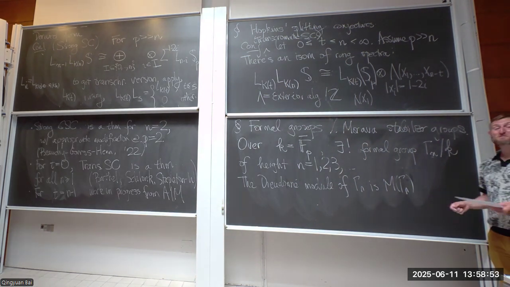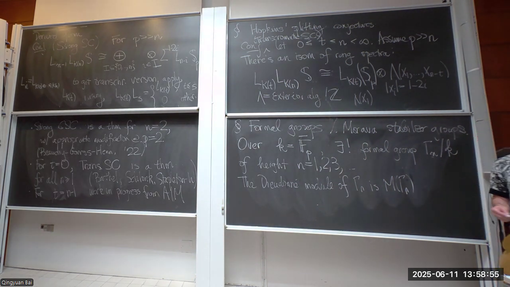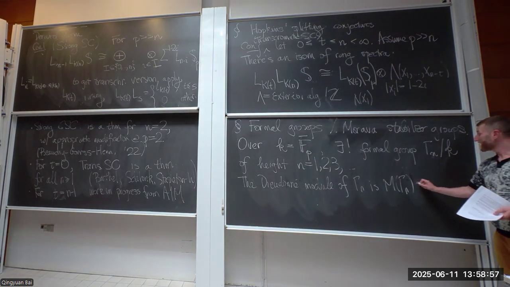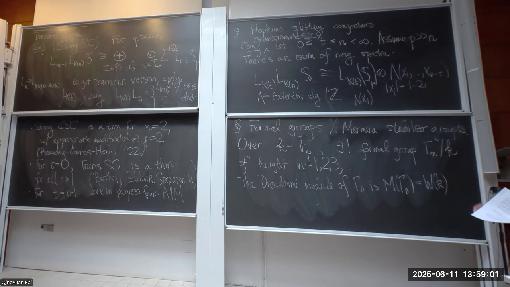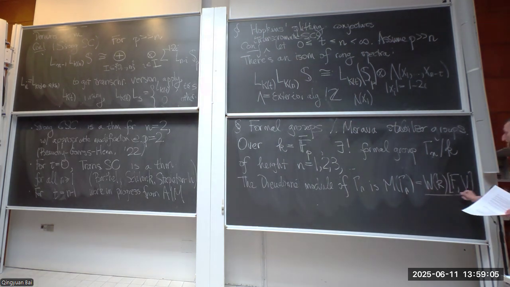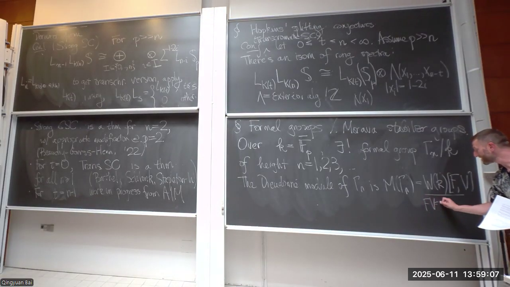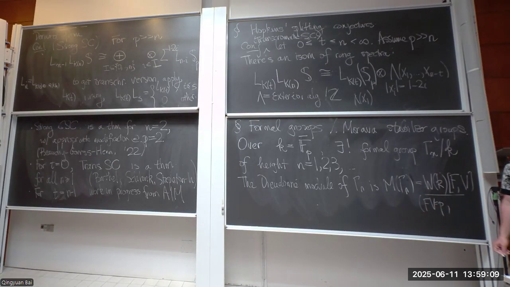This is supposed to be a module over the Dieudonné ring. That Dieudonné ring is like the Witt vectors of K, but then I have to join an F and a V, modulo, of course, the condition FV is equal to p, right?